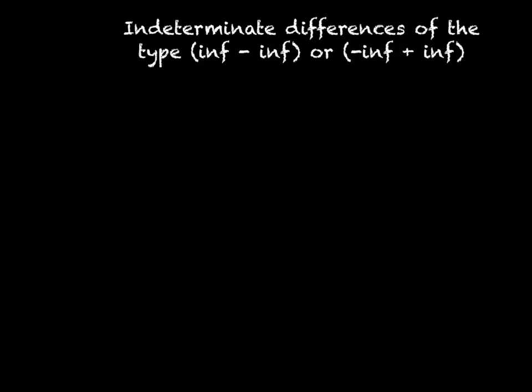So let's see if we can figure out, let's say we have the limit as x approaches infinity of the function x squared minus x. All right. Well, we can pretty much see this is going to be infinity.